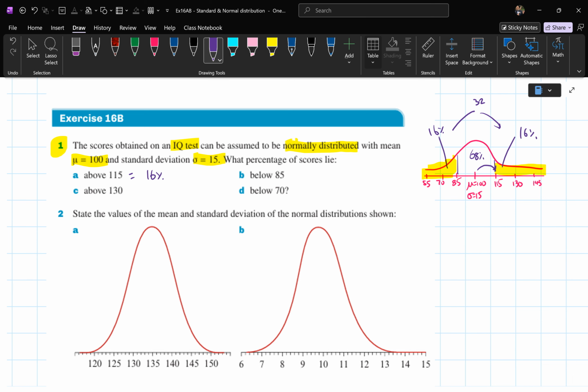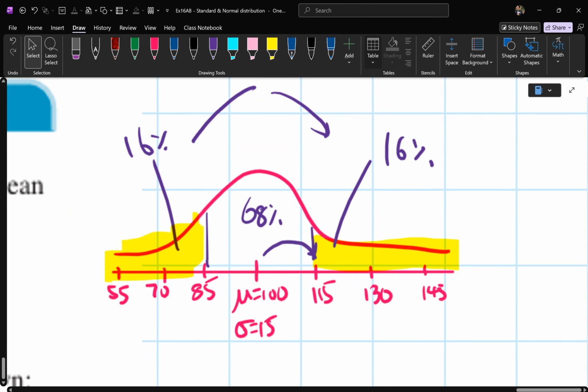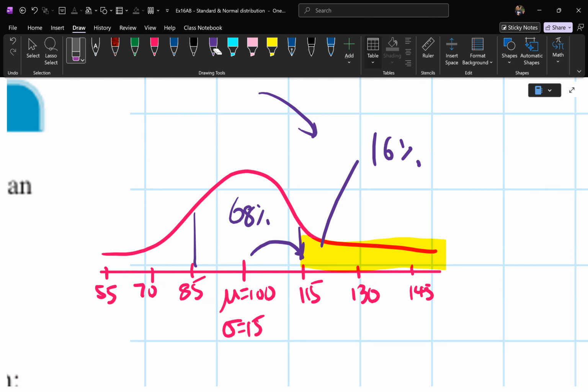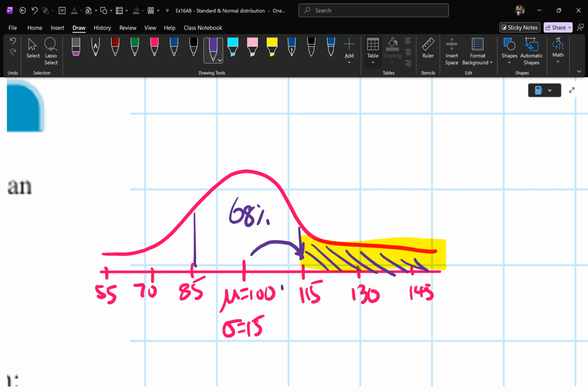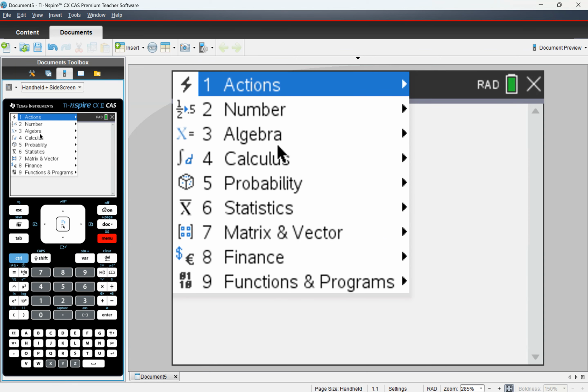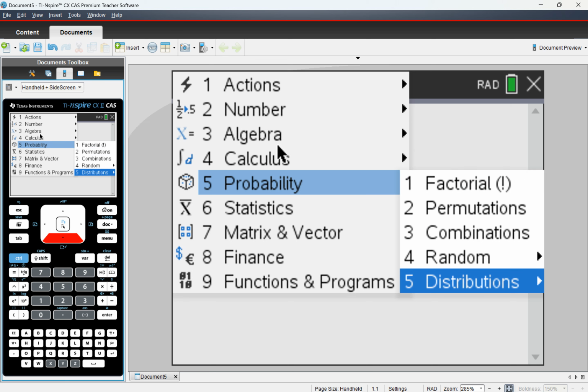Now if the question isn't asking for approximation, which this exercise actually was practicing, but if it doesn't ask for it, then you're meant to do it like this, because you want it from 115 onwards. So you're really asking for the yellow region that I have colored in. We know again the mean and standard deviation. So you just go to your CAS, go to menu, probability, distributions, number 5 again.